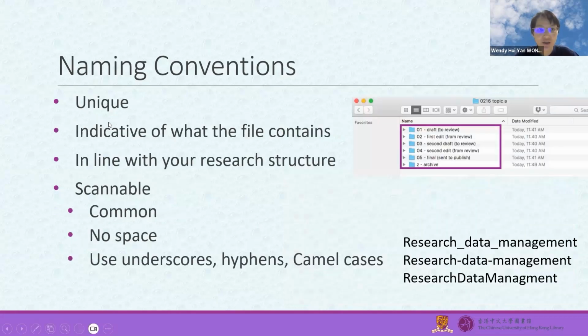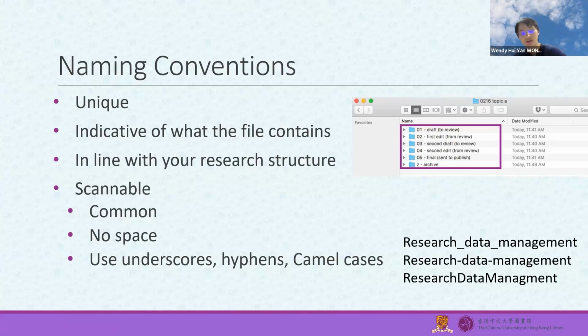For the naming convention, the file name should be unique and indicate what the file contains, in line with your research file structure. So first draft, second draft, something like that. And it should be scannable and common: the file name should have no spaces, because some software or some OS does not support reading spaces.